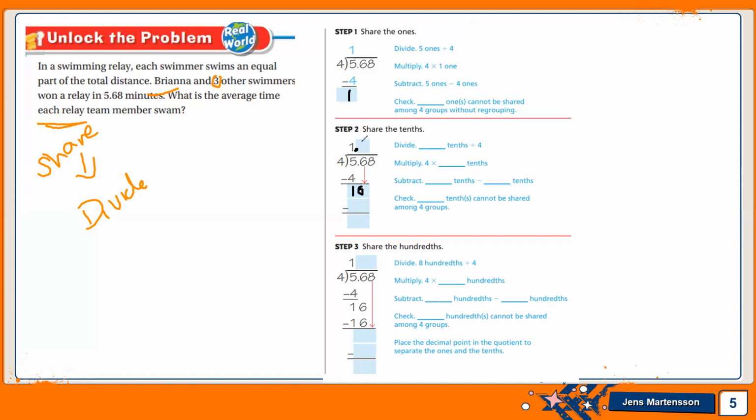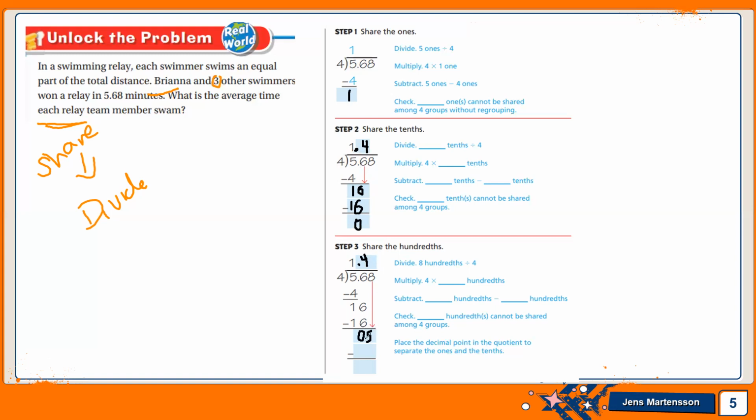16 divided by 4, 4. Then 4 times 4, 16. Subtract them, 0. Now then, what do you have to do next?